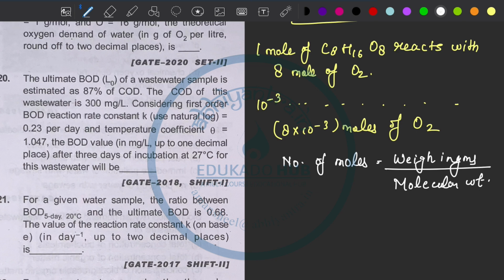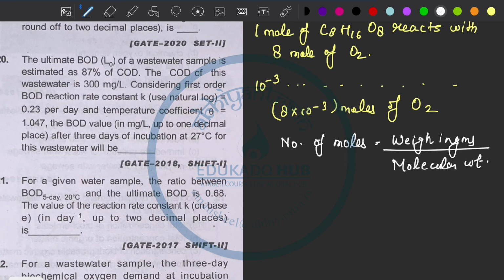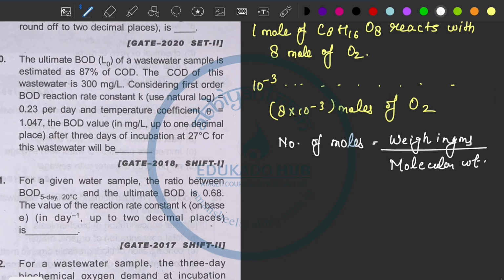So the amount of oxygen required, that means the amount we want in grams, I can say THOD required will be this number of moles of O2 into molecular weight.